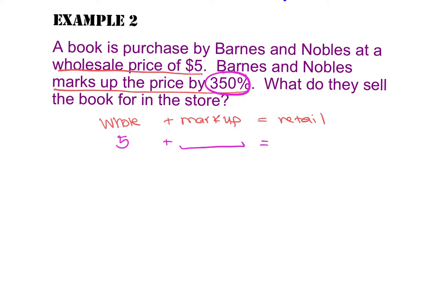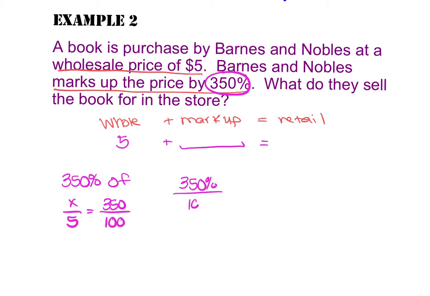So essentially, we need to find 350% of 5. Again, remember you have two strategies to solve this. You can use your is over of equals percent over 100, and you can solve it that way. Or you can take 350%, divide it by 100, so that we get 3.5.